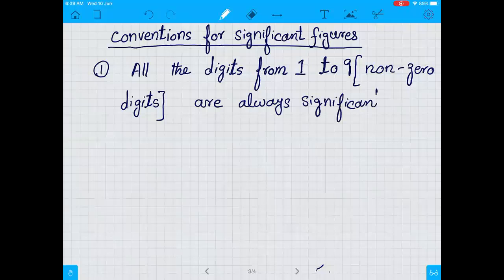So one thing is that all the digits in a number from 1 to 9, which are non-zero digits, are always significant.